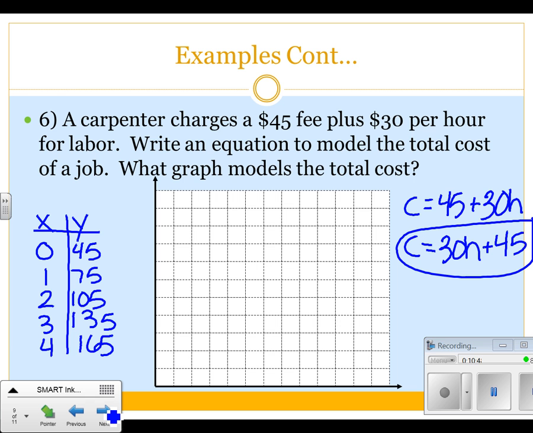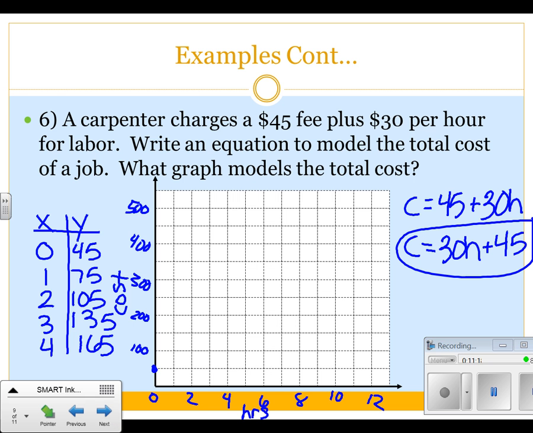On the bottom, I'm just going to go 0, 2, 4, 6, 8, 10, 12 for the hours on the bottom. So this is our time. And then on the side is going to be the cost in dollars. And for that one, I'm going to go up by 50s. So 100, 200, 300, 400, 500. So at 0 hours, it's $45.